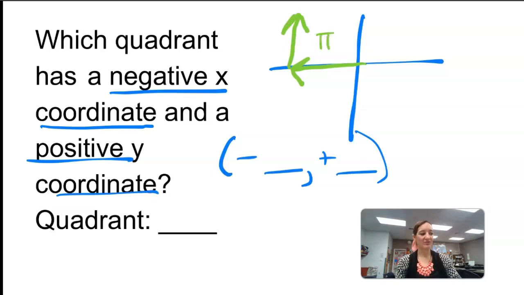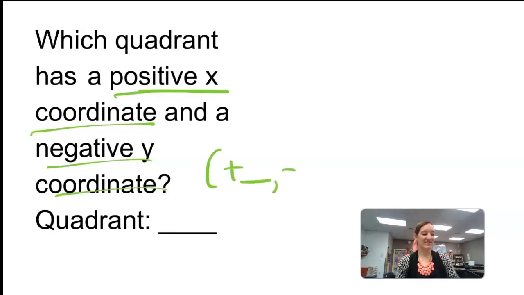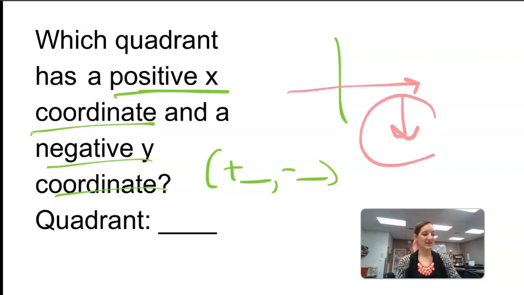We would be in quadrant 2, wouldn't we? What if it was positive x and a negative y? Where would that put me? Well, positive would be to the right. Negative would be down, so I'd be in quadrant 4.